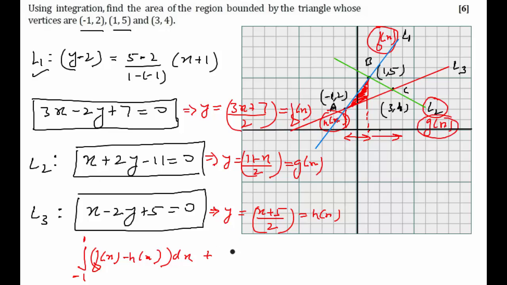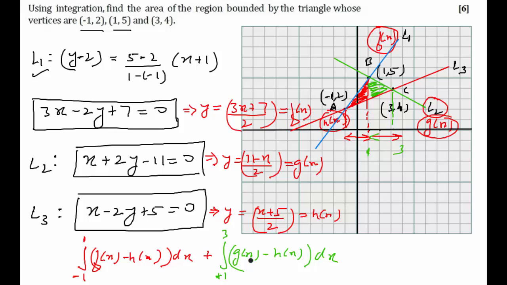So to get this second area, I will integrate g(x) minus again h(x), because h(x) is the lower function, dx, and this I will do from 1 up to 3.